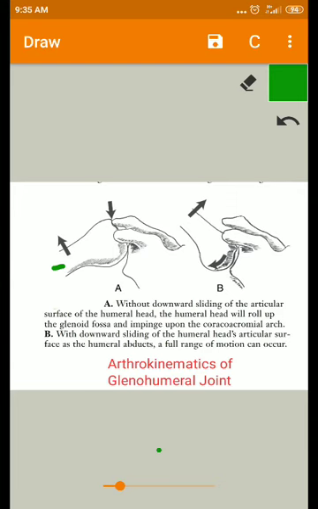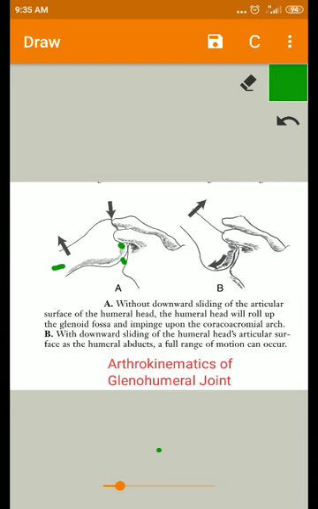That means after the superior rolling, it will move up towards the glenoid surface. During this motion, it is going to contact the acromion.